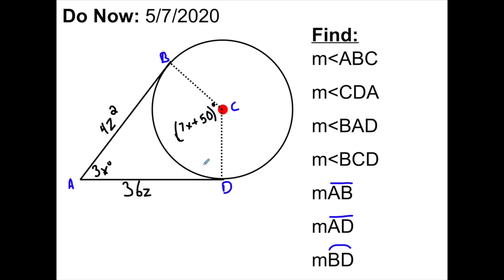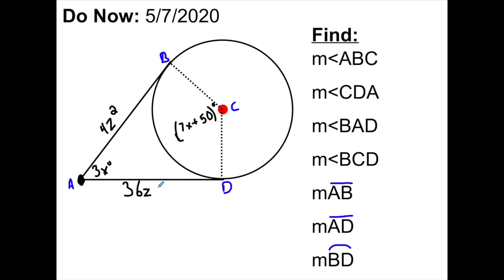All right, here we go. The measurement of ABC. This is a circumscribed angle, the result of taking two tangent lines and having them intersect outside the circle. It's essentially the space between this tangent AB and the tangent AD.